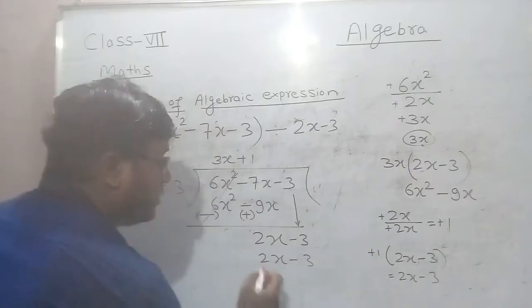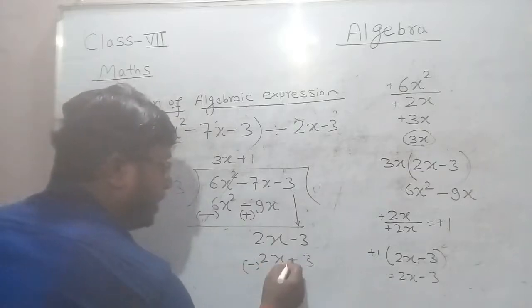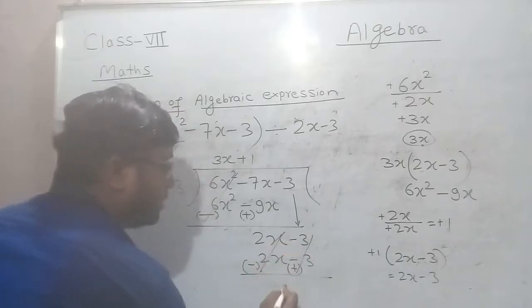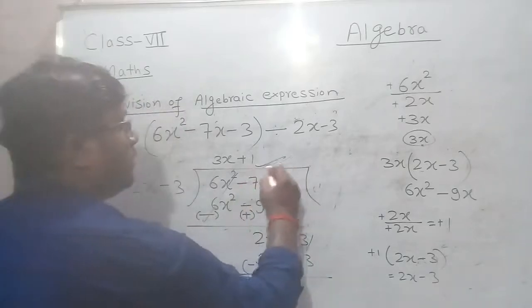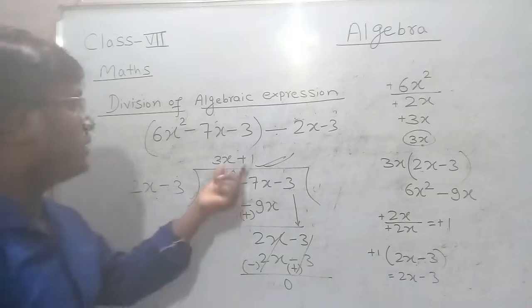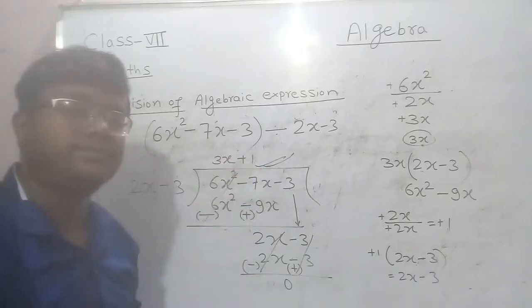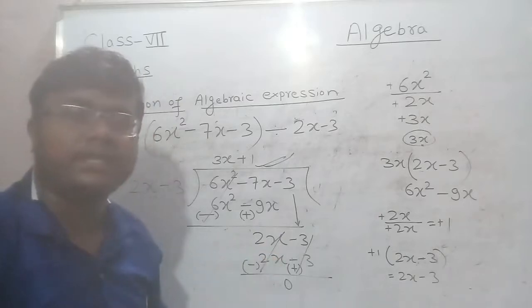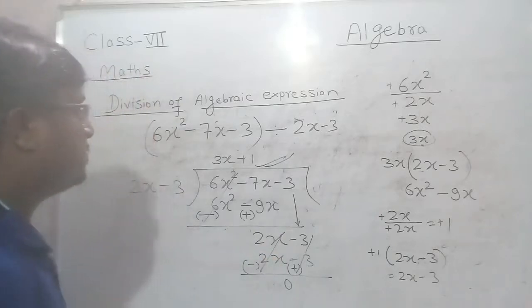Change the signs, and it cancels. The remainder is 0, and the quotient is 3x + 1.